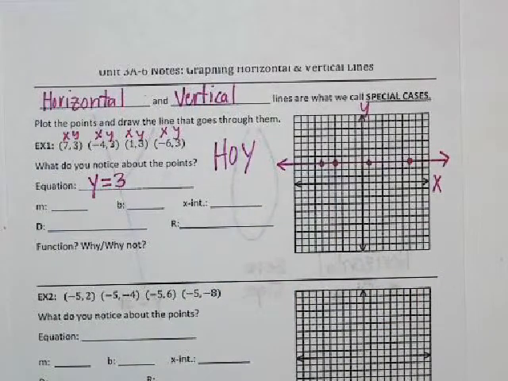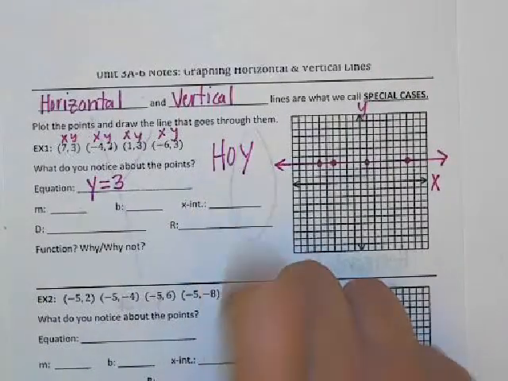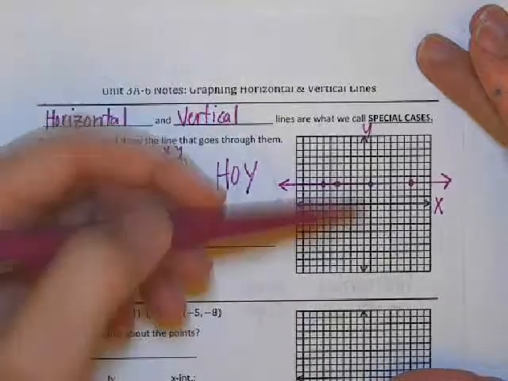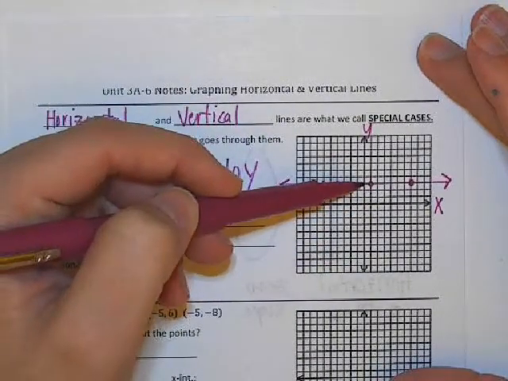Okay? Then M stands for what? Slope. So what's my slope for a HOY line? 0. What does B stand for? Y-intercept. Does it cross the y-axis? Yeah, it crosses the y-axis. It crosses right here at the y-axis.